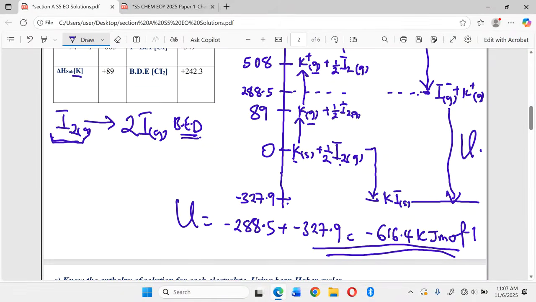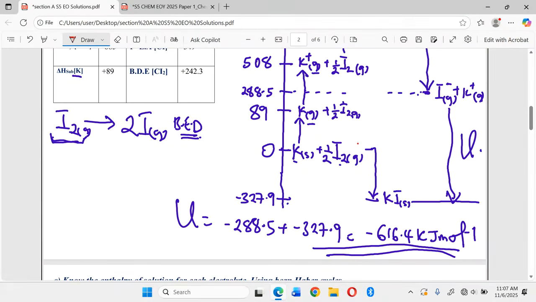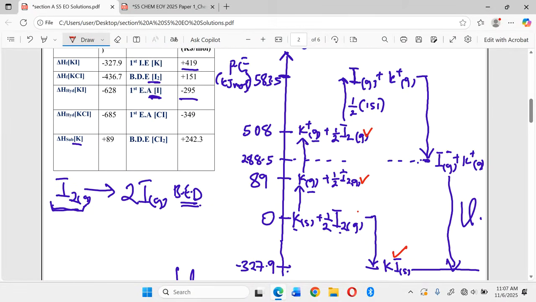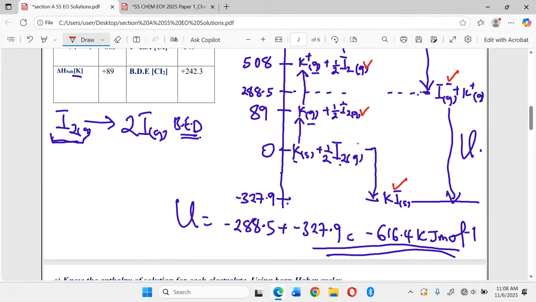So I believe we have managed to get all our scores. Now, when we are scoring this, at every stage you get a score. At this stage, you get a score for formation, for sublimation, for ionization energy. We continue up here. We have one for bond dissociation energy, for first electron affinity, and then finally the score for lattice energy.